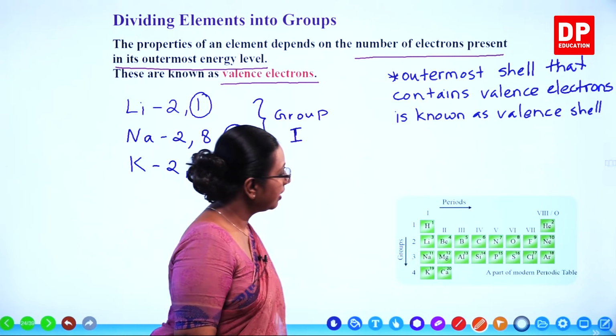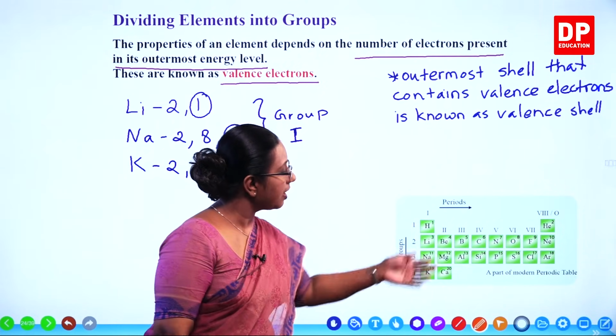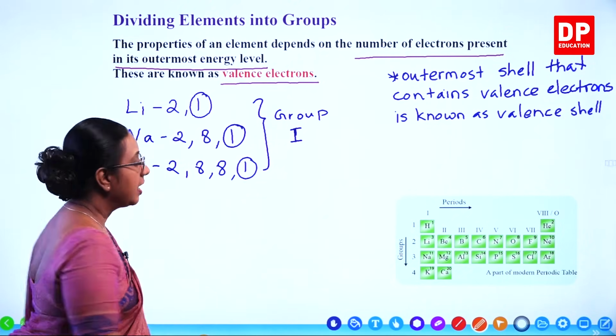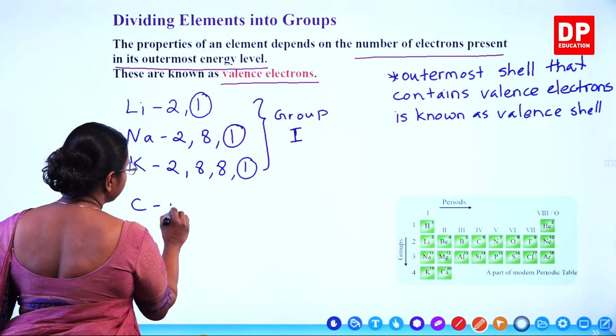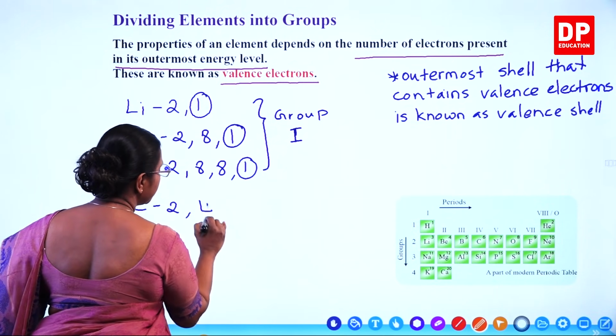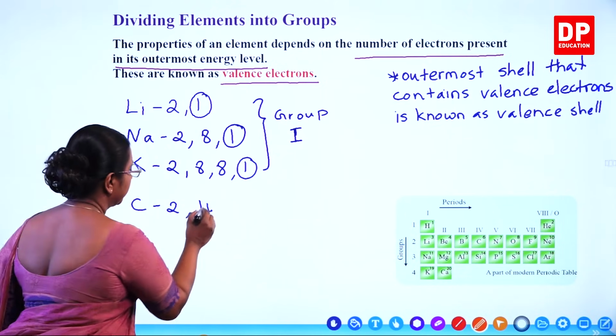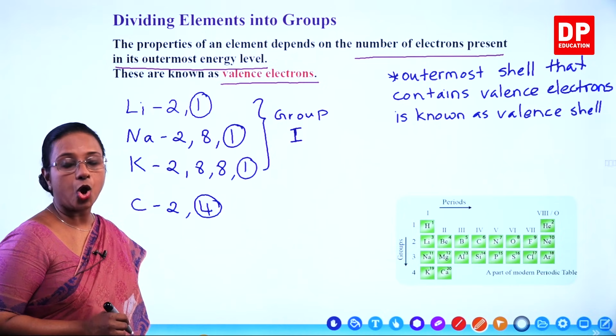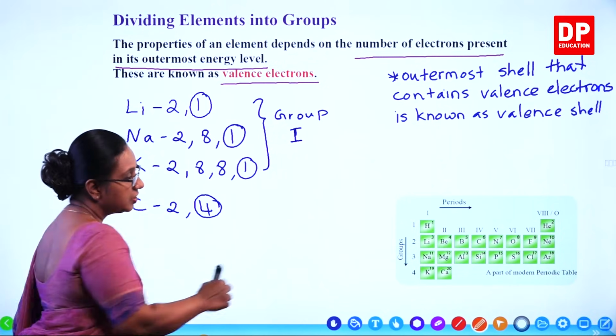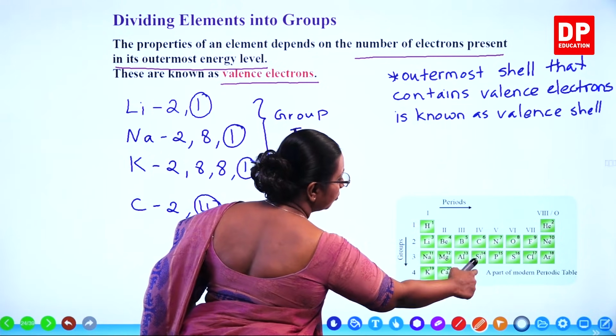We look at some other elements, carbon and silicon. Carbon has atomic number 6, so the electronic configuration is 2, 4. 4 electrons in the valence shell, or the outermost shell, so it belongs to group 4.